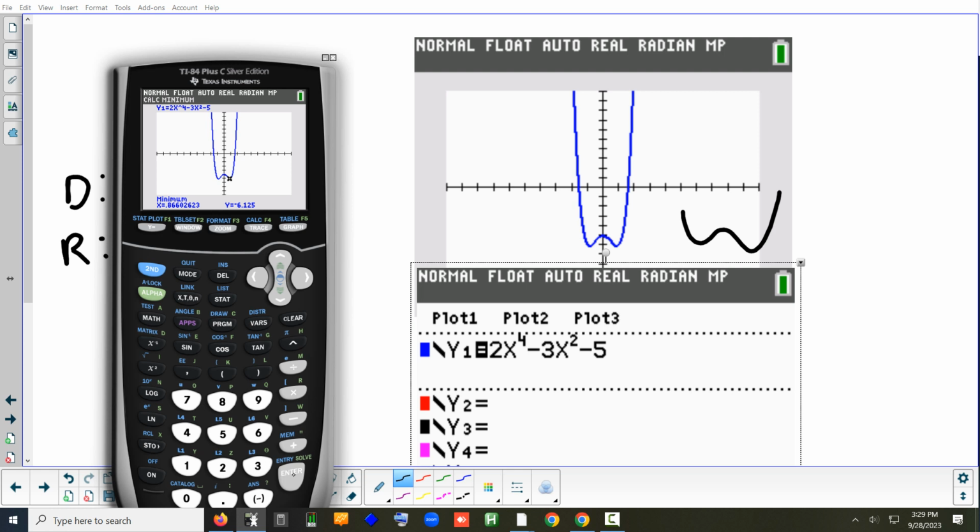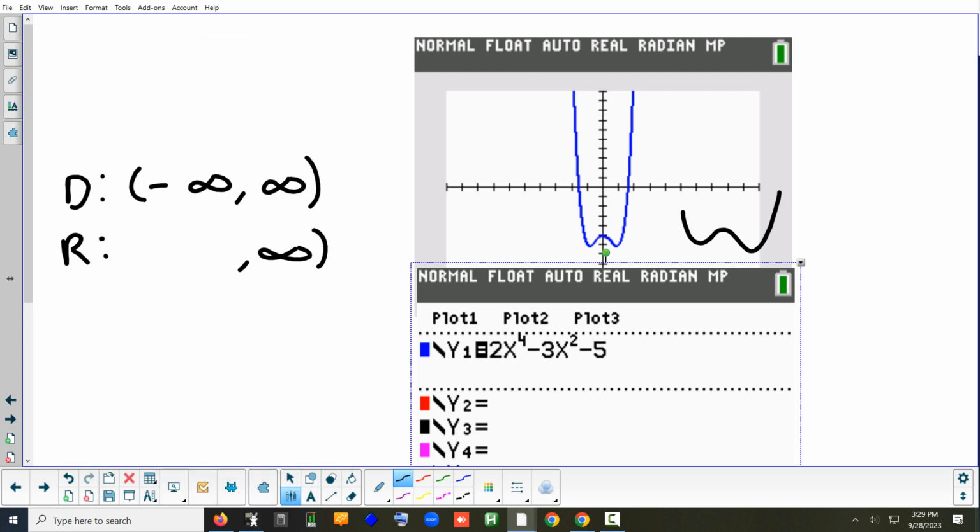So the range here would be negative 6.125 and up. Bracket or parenthesis on negative 6.125? Right, a bracket, because we do hit that value on the graph. Always check both. All right, and I think that pretty much covers all the topics.